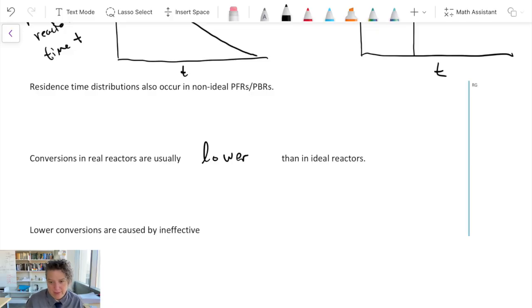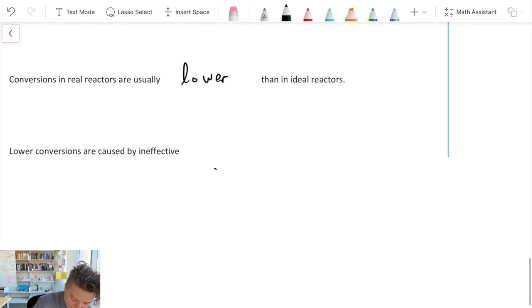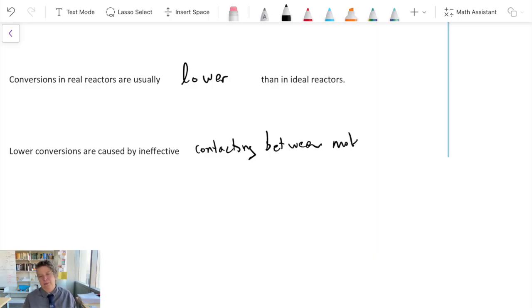And the reason that the conversion is typically lower is due to ineffective contacting between molecules. So if there's ineffective mixing, what that tells us is that there's going to be ineffective reaction.